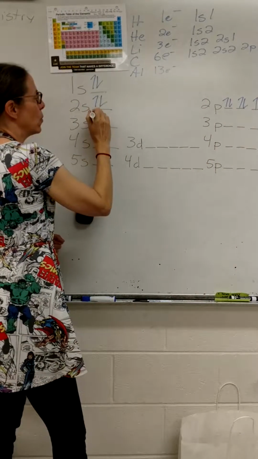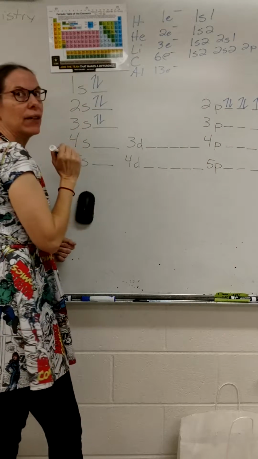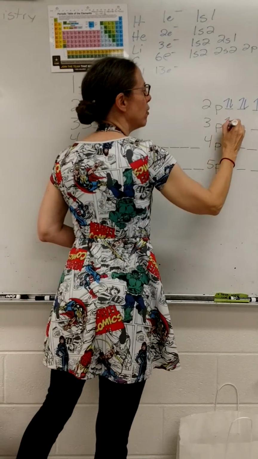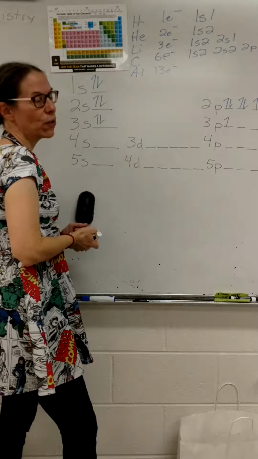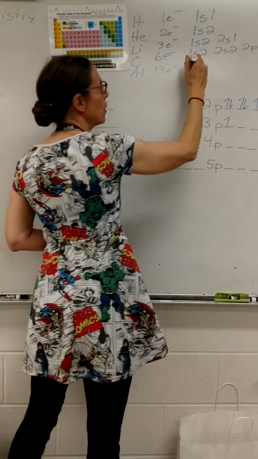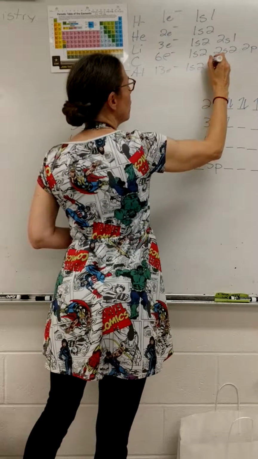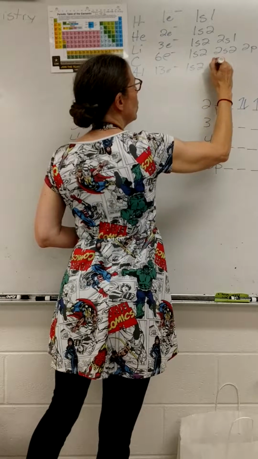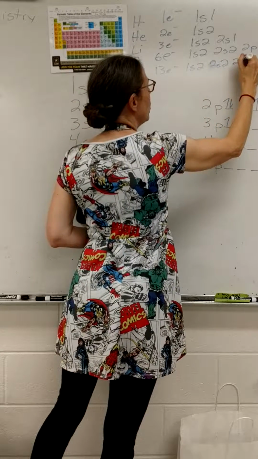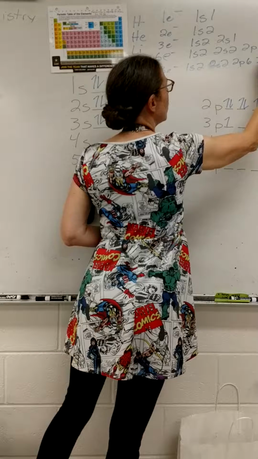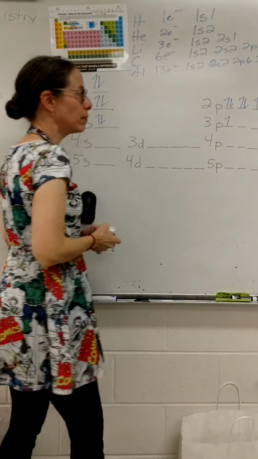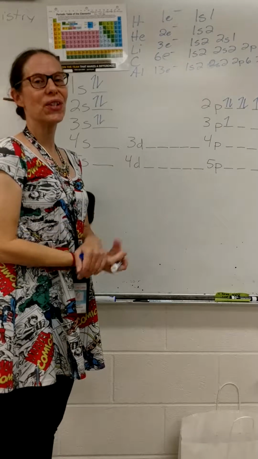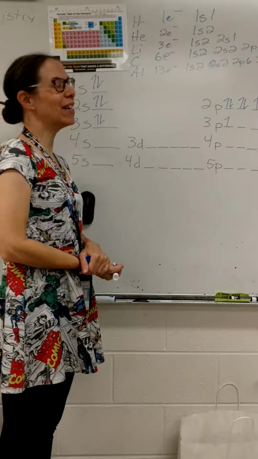I come down here to 3s, I fill that up, and then I have 1 left over to go into my 3p orbital. Let's write out our electron configuration. 1s2, 2s2, 2p6, 3s2, 3p1. We're only on the 13th element, and this is already getting kind of long.